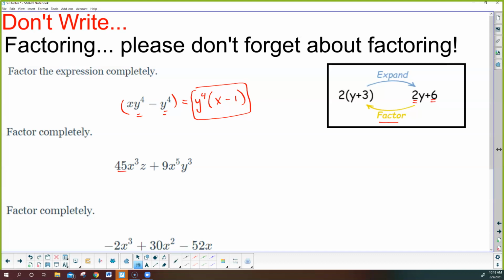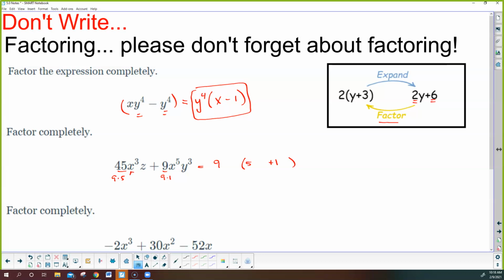Okay, then we're going to look at this one, and we're going to see what do they have in common. Well, I've got a 45 and a 9. So if I factor a 9 out right away, that'll leave me with a 5 and a 1. Right? If I take 9 away from 9, there's technically a factor of 1 left over. Some people like to think of it like this. And then you can see the 9 being pulled out, and what's left over is the 5 and the 1. However, we got more stuff going on, right?